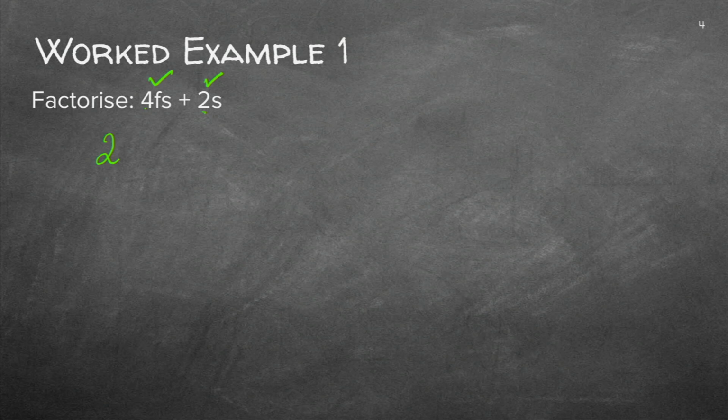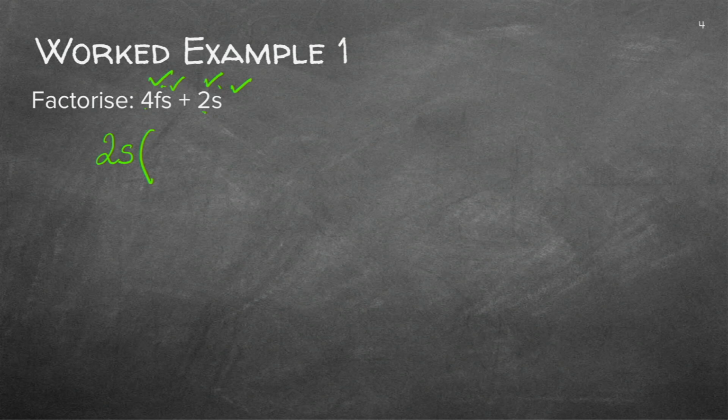And I still look for other common factors. Do I have f on both sides? No. If I do not have f on both sides, it means it's not a common factor at all. But I see that I have the letter s on that side also, so I need to write it down. So I have 2s there, and I open the bracket if I'm done checking for all my common factors.